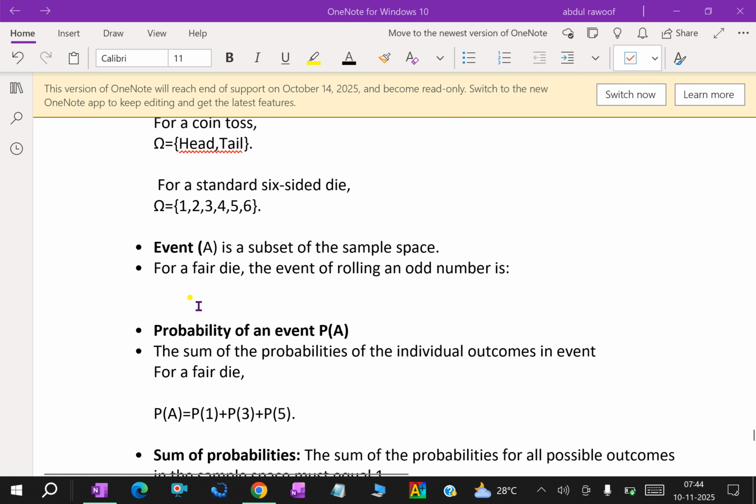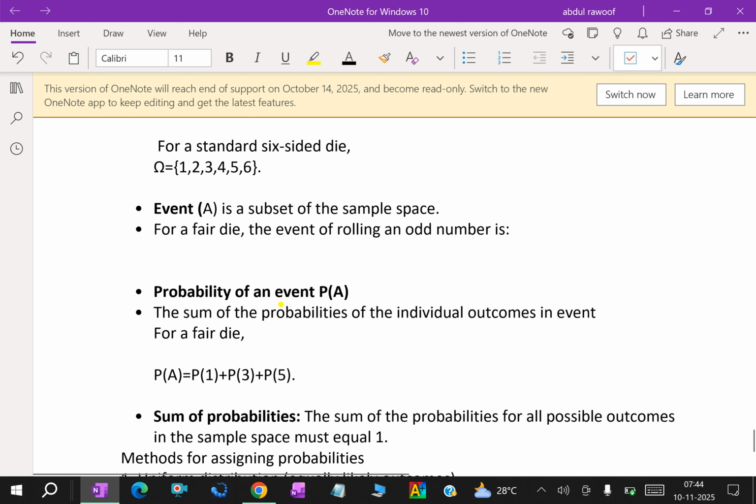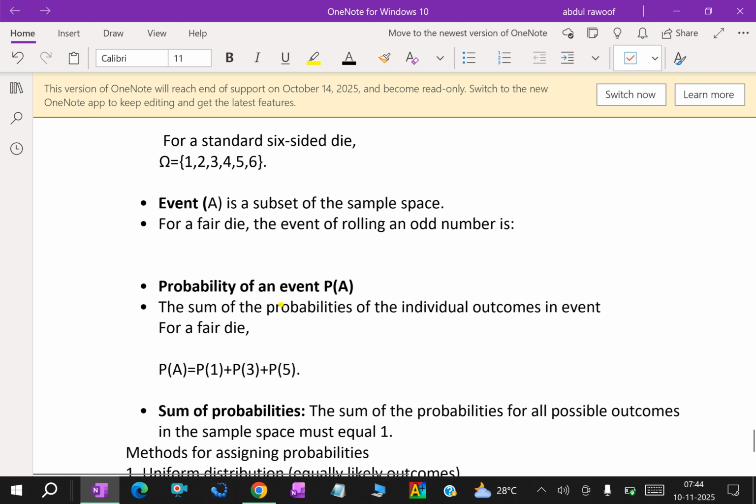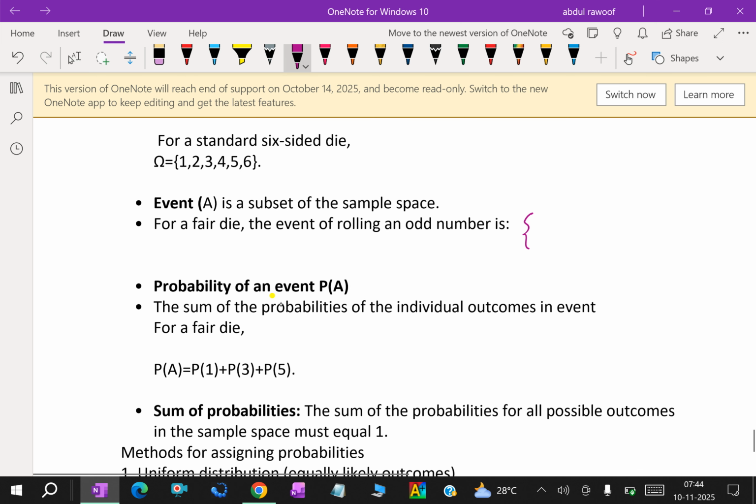Suppose, for example, a fair die, and the event of rolling an odd number: it is 1, 3, 5. Of course, it is a subset of 1, 2, 3, 4, 5, 6 because our outcome must be an odd number.